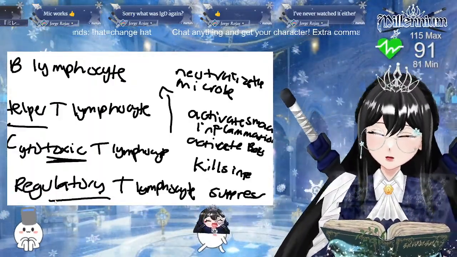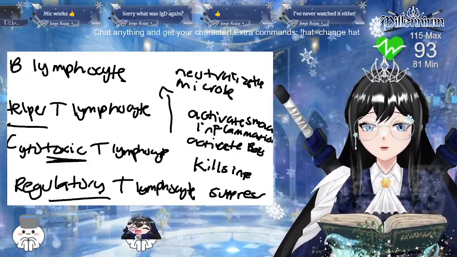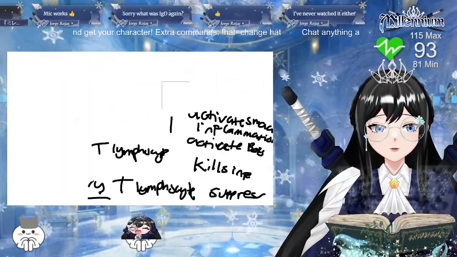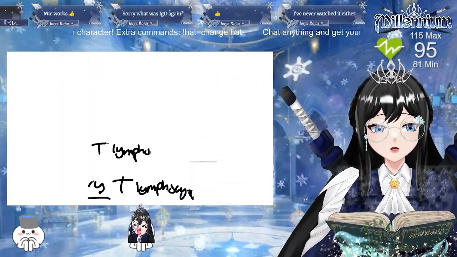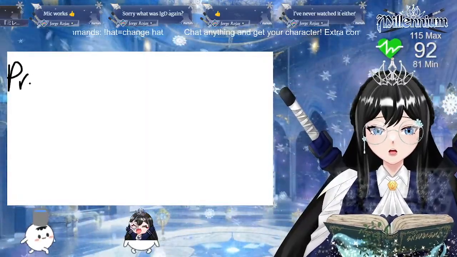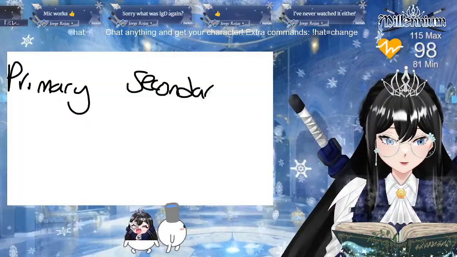Regulatory would suppress the immune system. Alright, good. Then you have the primary and secondary response.